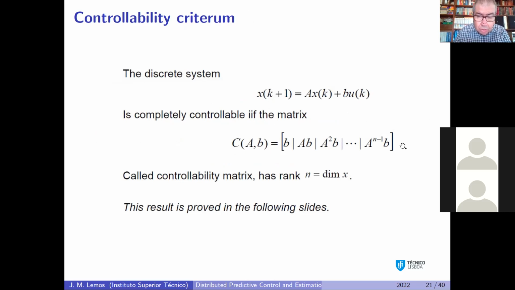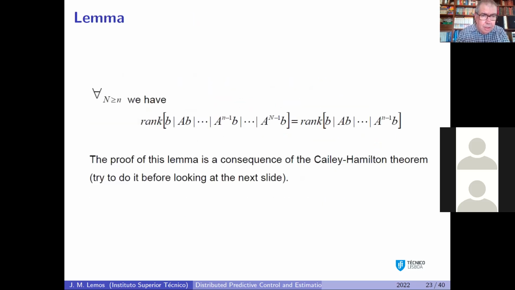So I compute this controllability matrix and I compute the rank, in Portuguese the característica, that's the number of independent columns. If the rank is equal to the dimension of X, then I can reach all the states that I want in n steps.